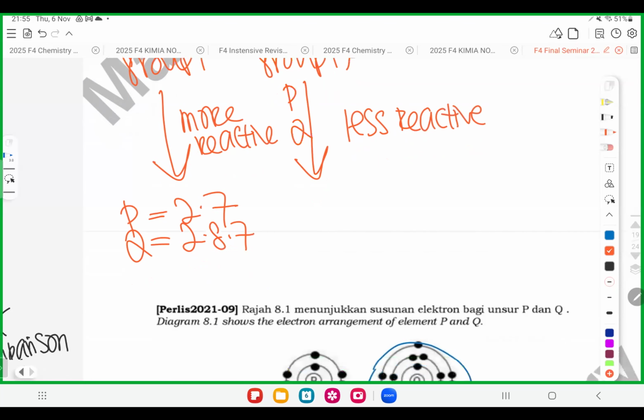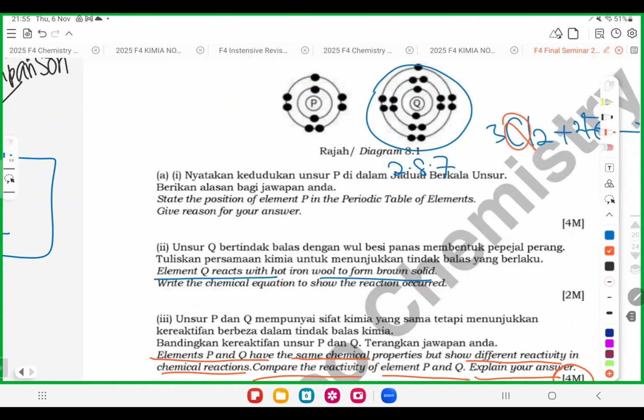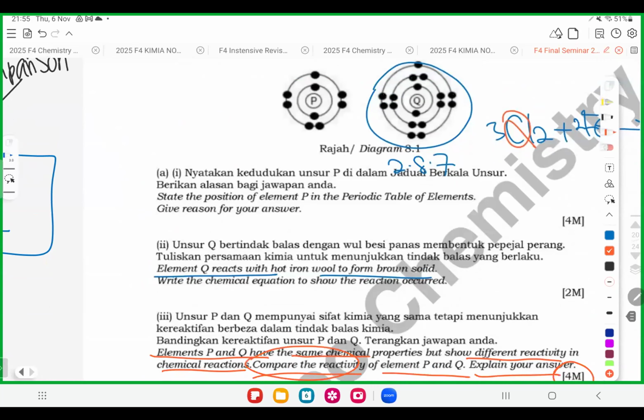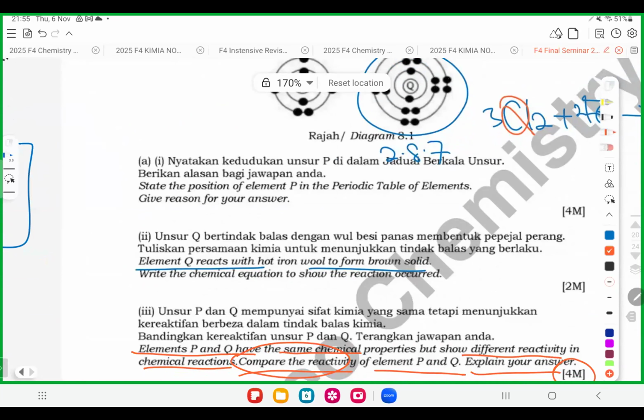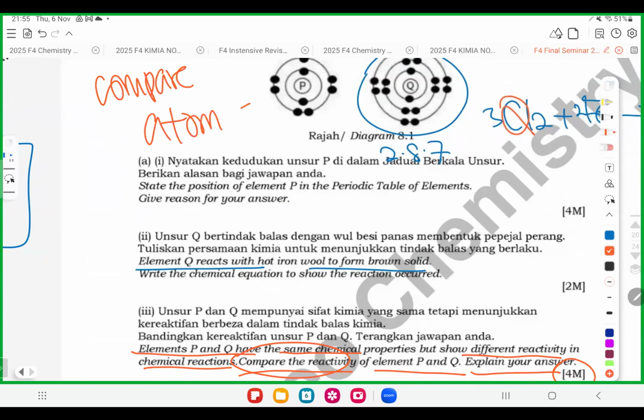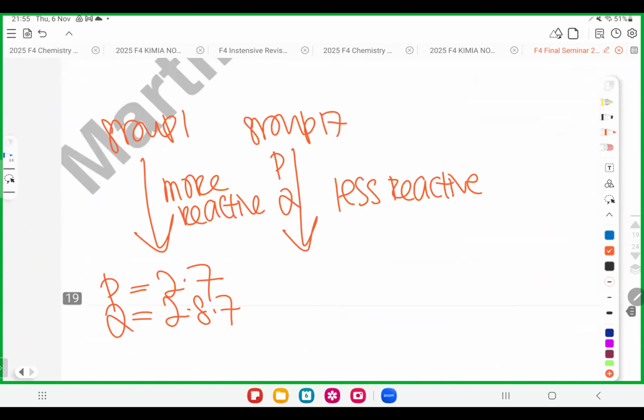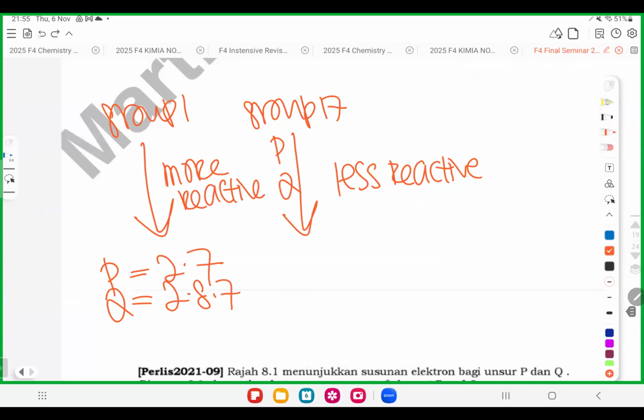So when you just want to compare their reactivity, when you just compare, you don't need to use the word atom. Atom only needs to be there when you give explanation. When you explain, the word atom needs to be inside. When you compare, you don't need to put the word atom. So you are comparing P and Q. So who is more reactive? Going down becomes less reactive, right?